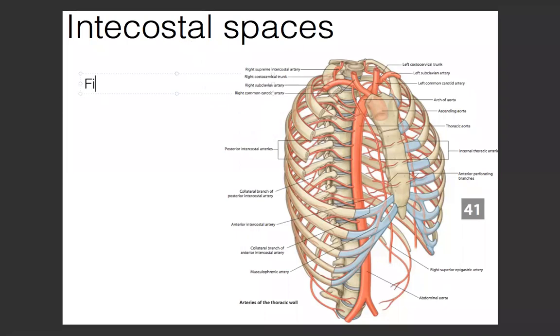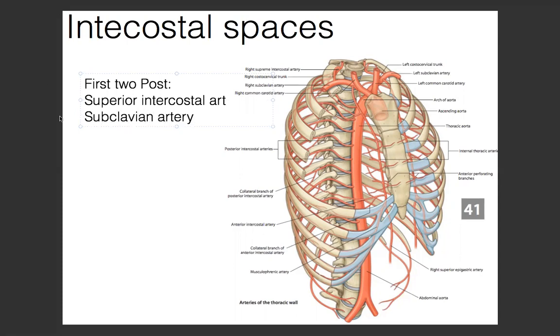The first two are from the superior intercostal artery, which comes from the subclavian artery, specifically from the costo-cervical trunk. It's not that important to know that detail, except that it's a branch of the subclavian artery. The first two take the blood supply from the subclavian artery, while the rest take it from the descending aorta.